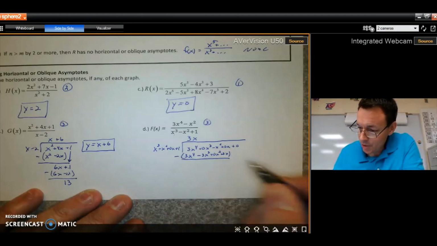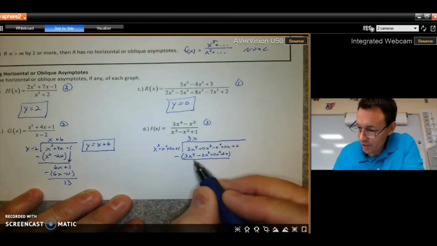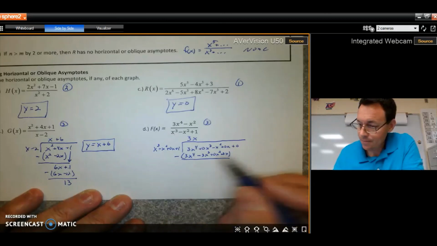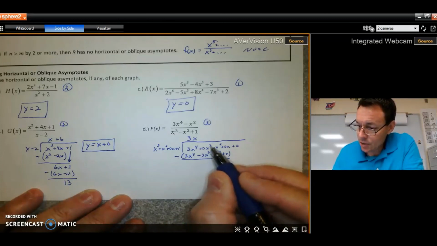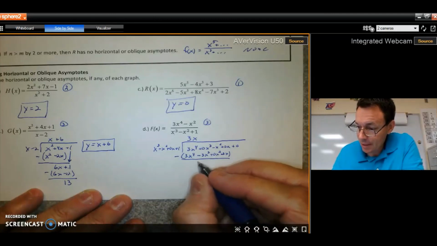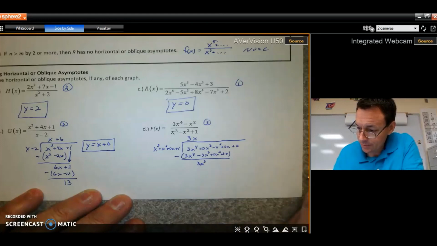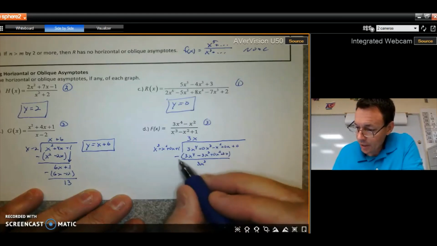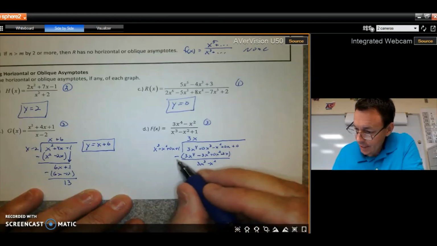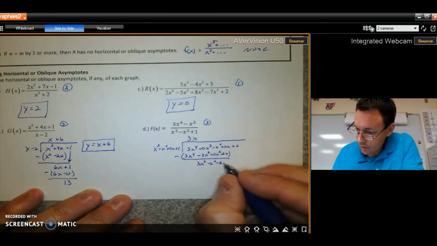So remember, we're subtracting. 3x to the fourth minus 3x to the fourth is, everything cancels, so nothing there. 0x to the third minus negative 3x to the third. So that's going to be positive 3x to the third. Negative x squared minus 0 is going to be minus x squared. And then 0x minus 3x is minus 3x.